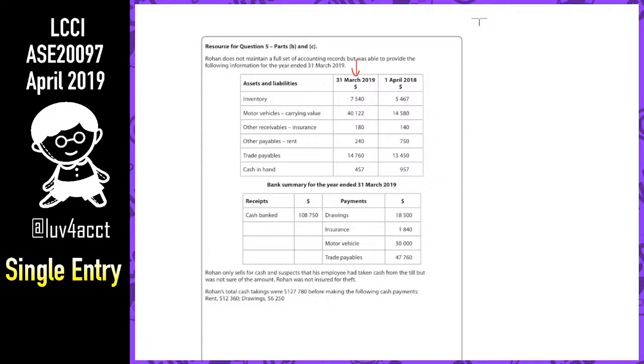Inventory, motor vehicles carrying value, other receivables, insurance that is prepayment, and then we have accrual, other payables, rent, trade payables as well, and then cash in hand, receipts and payment. For receipts, we have cash banked, and then drawings, insurance, motor vehicles, trade payables.